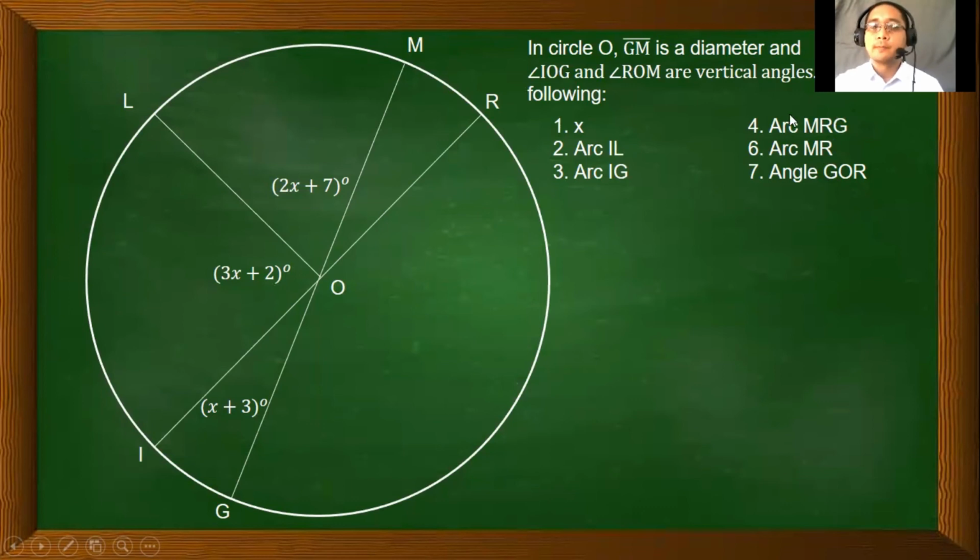Find the following. So let us start solving number 1. How to solve the value of x based on the given illustration? First thing you will do is analyze the problem. If you are done analyzing the problem, you can directly solve.